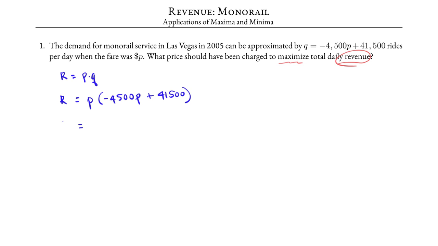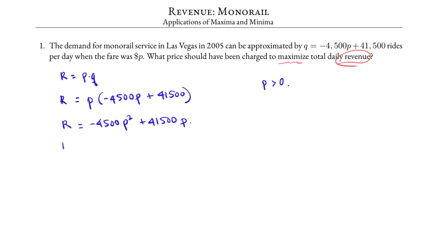Expanding this equation, we have R equals negative 4,500P squared plus 41,500P. P is the price, and we can assume that it cannot be negative or zero even. So P is strictly greater than zero.